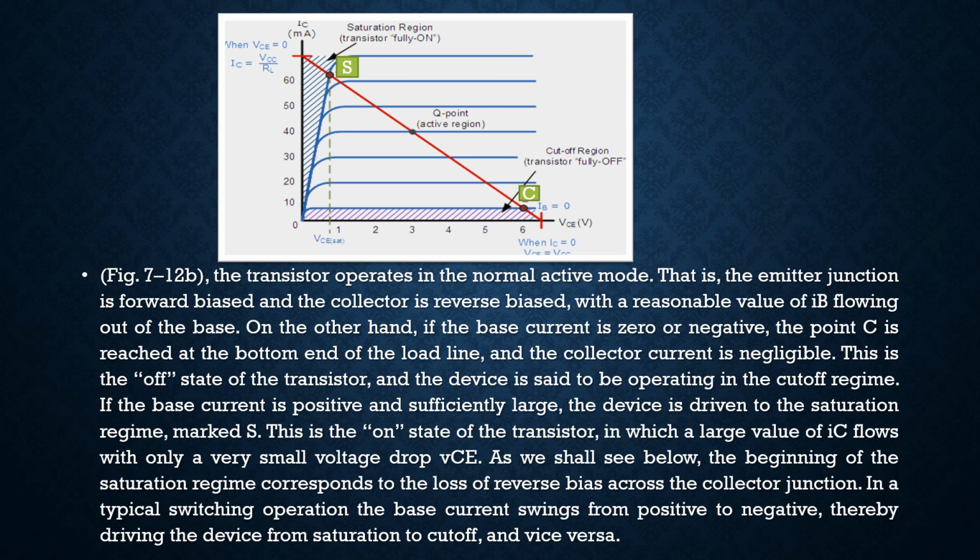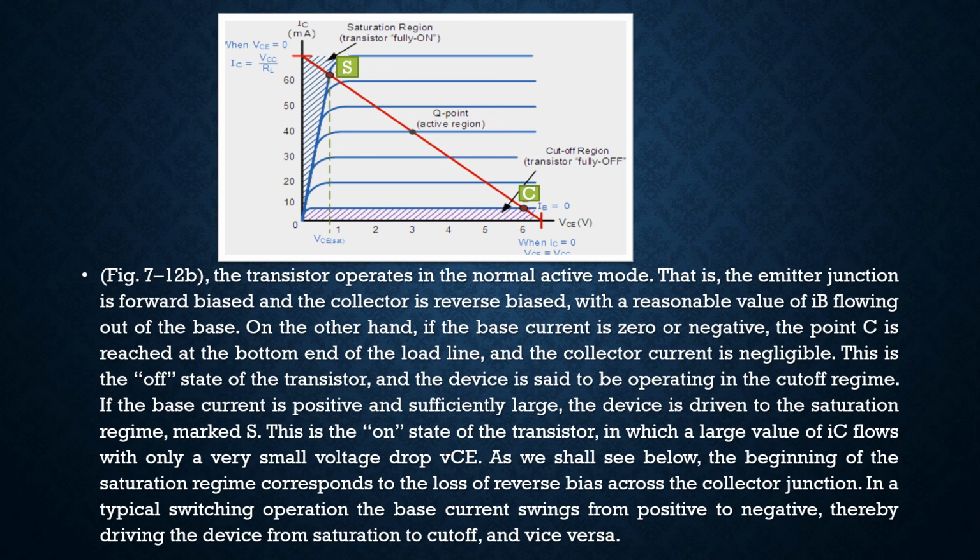Okay. Now in this figure, which is represented by figure 7.12b in your BGS treatment book, the transistor operates in normal active mode, that is the emitter junction is forward biased and the collector junction is reverse biased, with a reversible value of IB flowing out of the base.